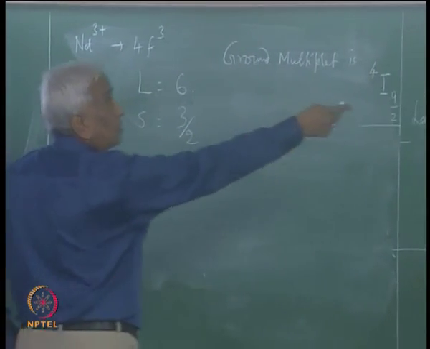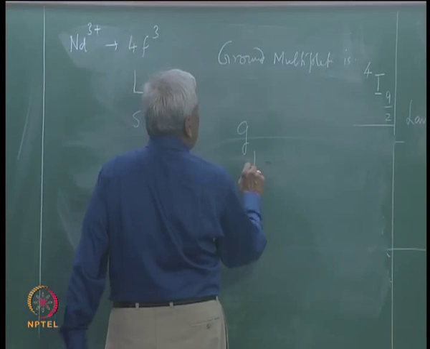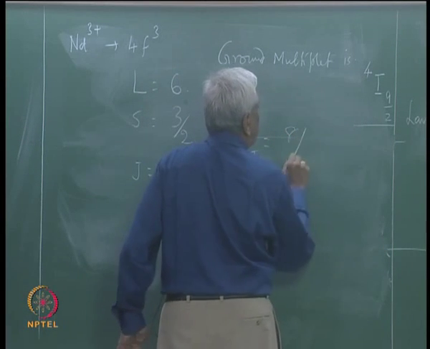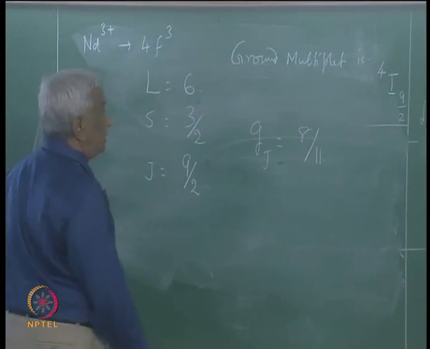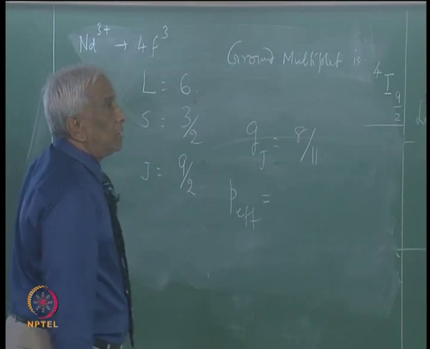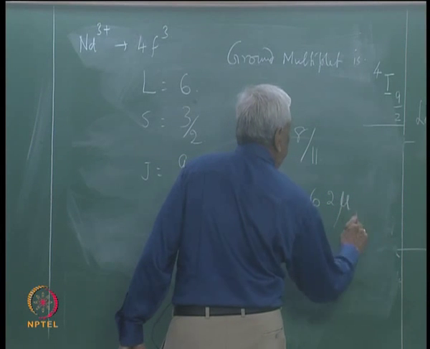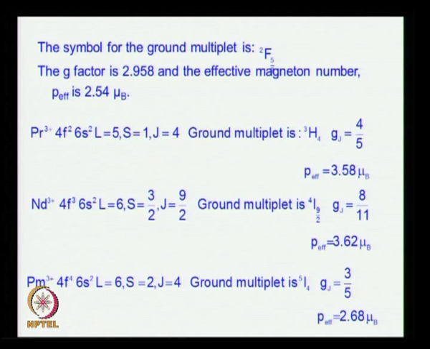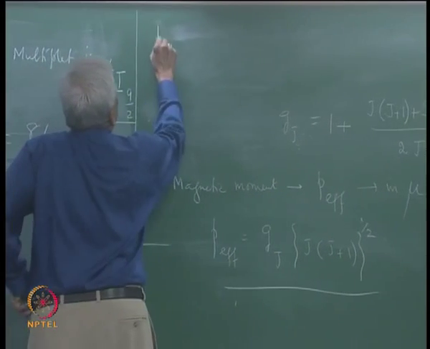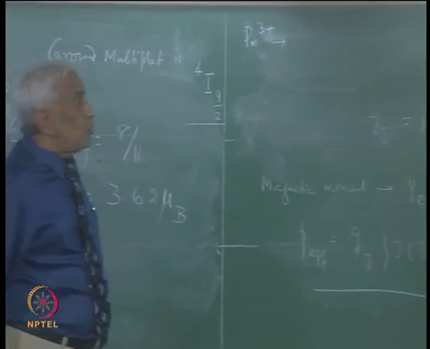All the rare earth ions have the valency 3 plus. The corresponding Gj value in the Landé G factor expression works out to be 8/11. And the effective magnetic moment P effective is 3.62 Bohr magnetons. We then move on to promethium 3 plus, which is a short lived isotope.